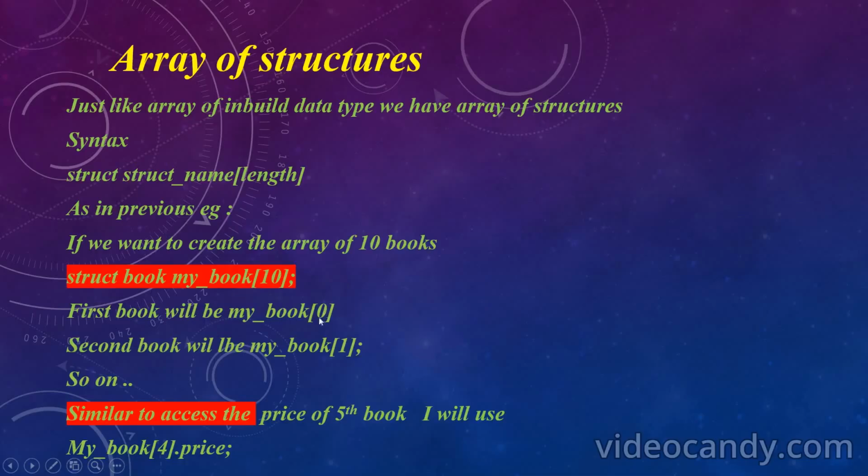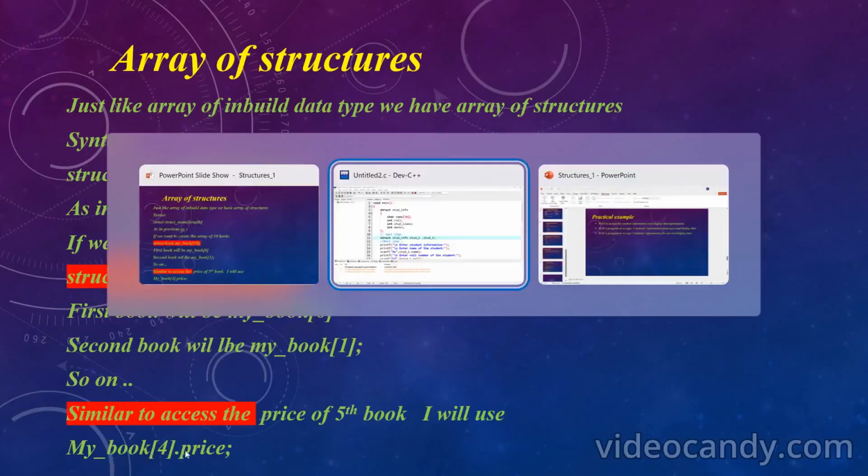The first book will be mybook[0], the second book will be mybook[1], and so on. And if I want to access the price of, say, the fifth book, how will I do it? mybook[4].price. I will use the index here, like we do in an array. Let's do it practically.